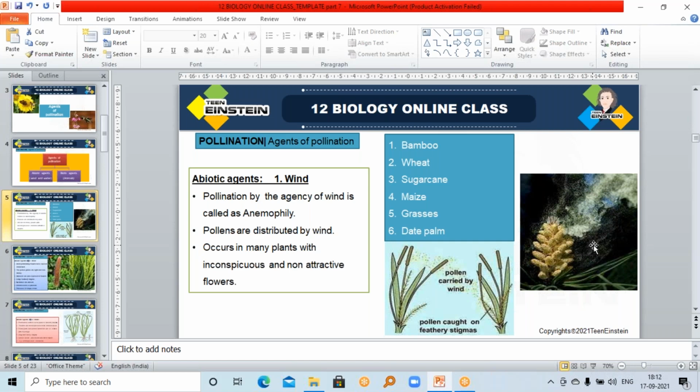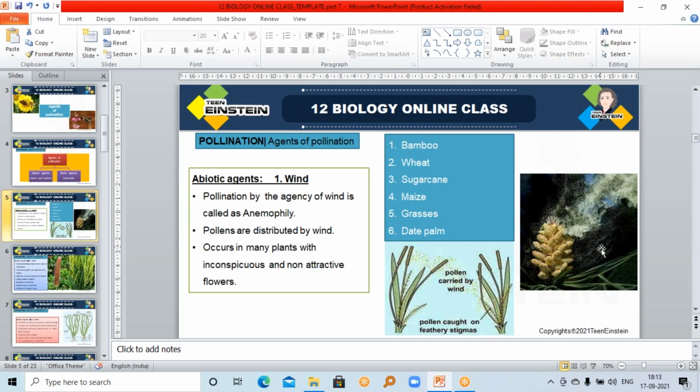So this kind of wind pollination may cause pollen allergy also. I said in wind pollination, these abiotic agents mean it is just a chance factor. So to avoid that, they release a number of pollen grains, right? We have learned about pollen allergies also.